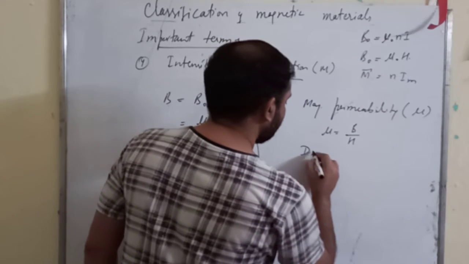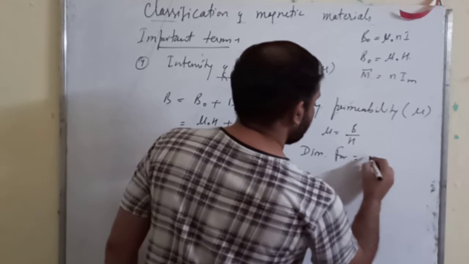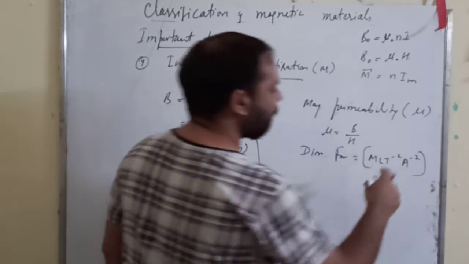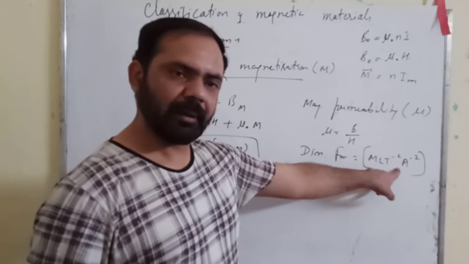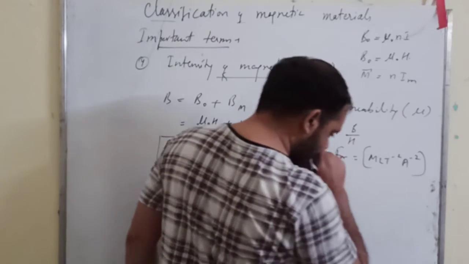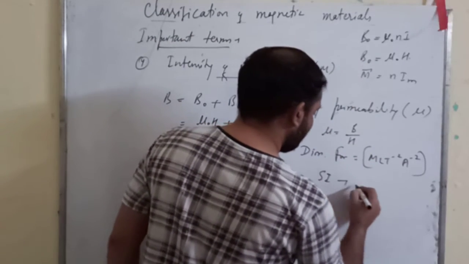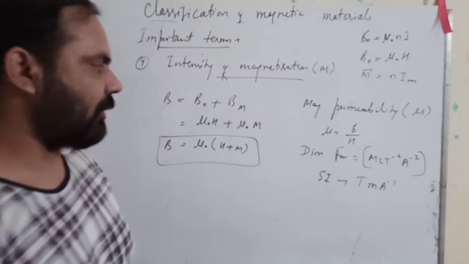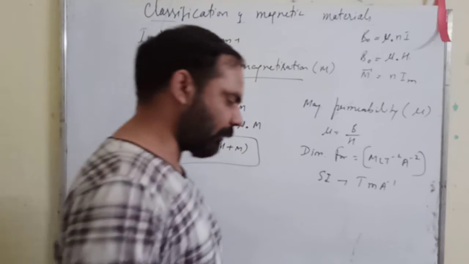Dimensional formula is MLT minus 2 A raised to the power minus 2, where A is for current, and the SI unit is Tesla meter per ampere.